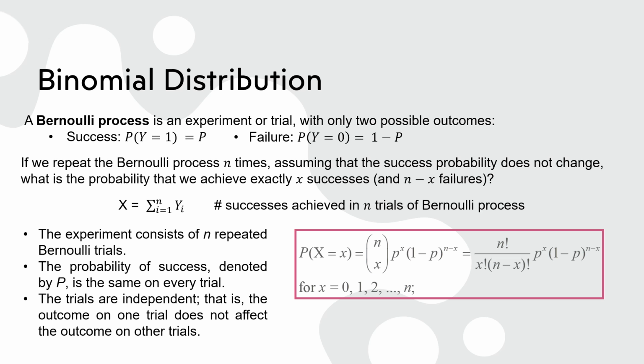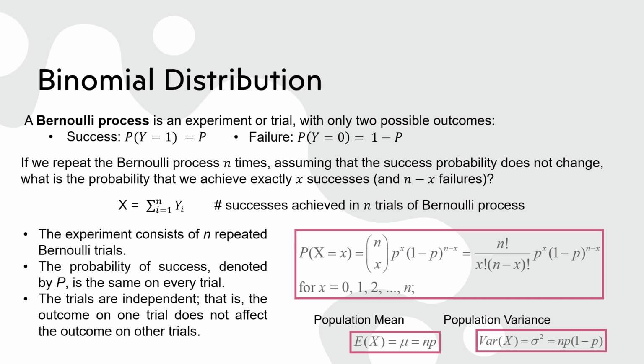Similarly, probability of failure to the power of n minus x represents the probability of getting n minus x failures. Since each failure has a probability of 1 minus p, you multiply 1 minus p by itself n minus x times.